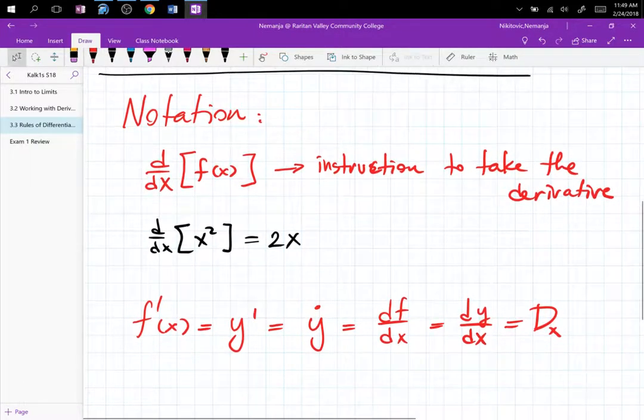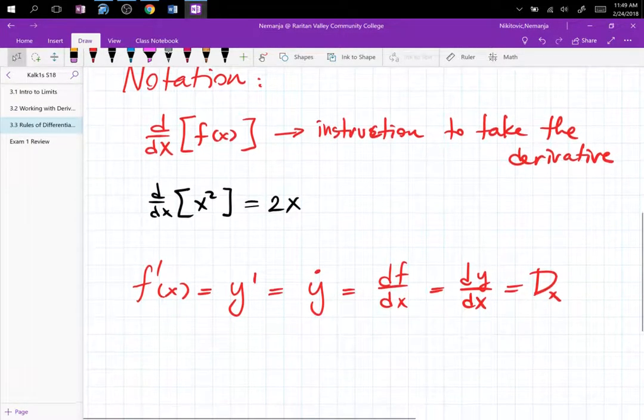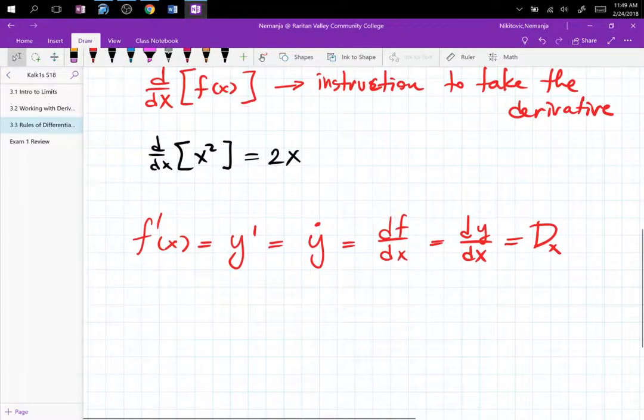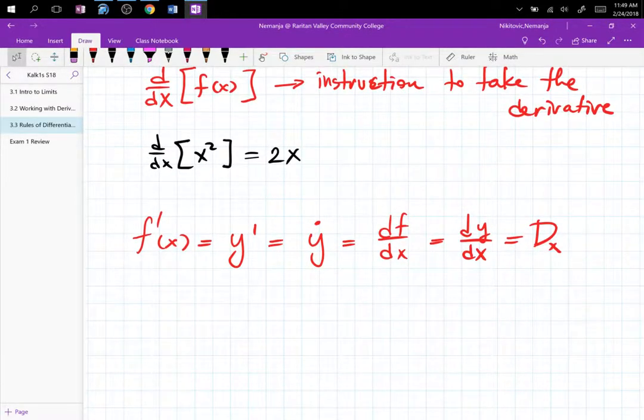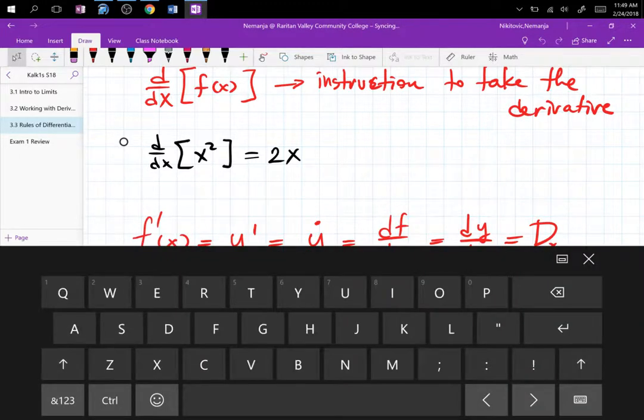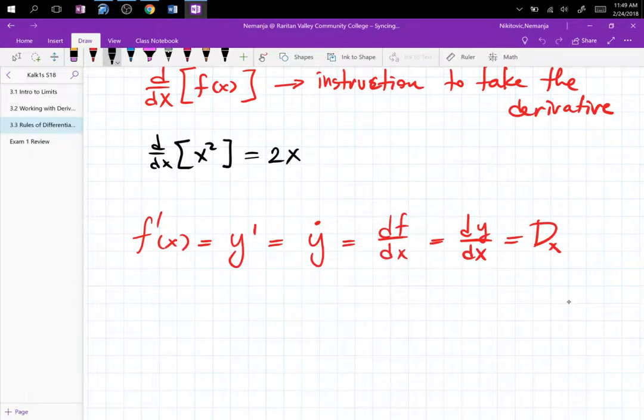Now, I have to contrast the two ways in which you can deal with derivatives. Pick your poison and use it, right? But do not mix them. So here we go.